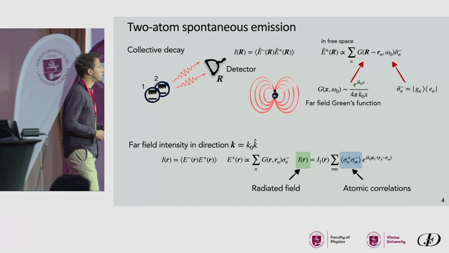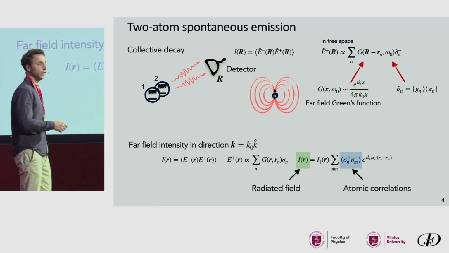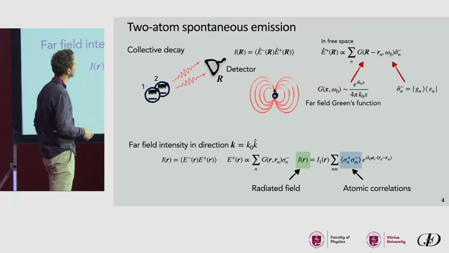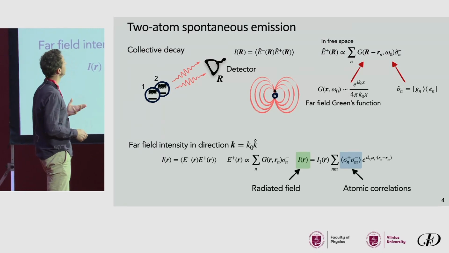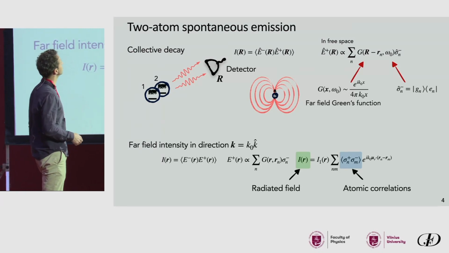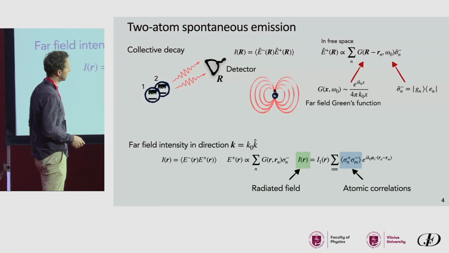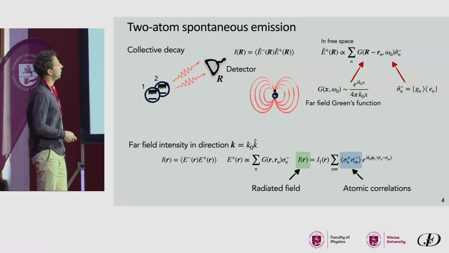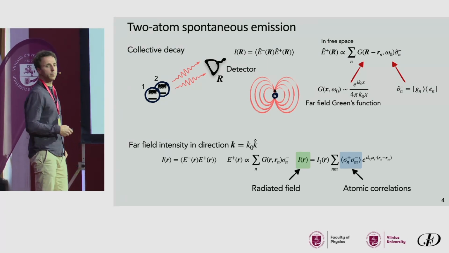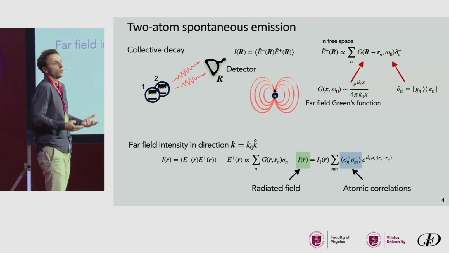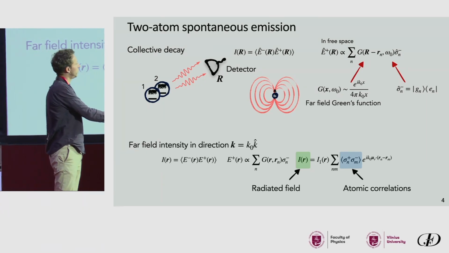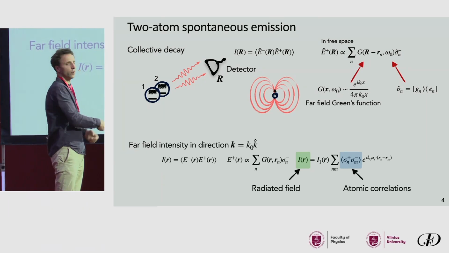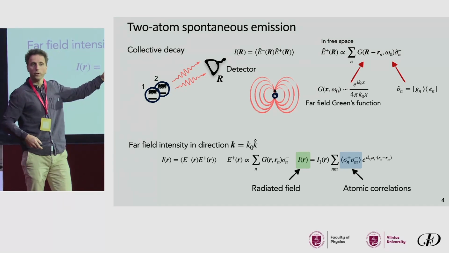One is that you can look at the radiated field, like I showed here, and this radiated field depends on correlations in the sample. What you want to understand eventually is maybe what is the field that is radiated by the atoms. But in order to predict what the field is going to be, you have to predict what the correlations are. So here it's for intensity.